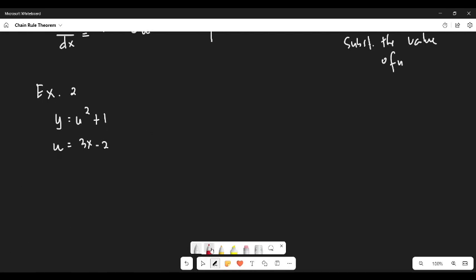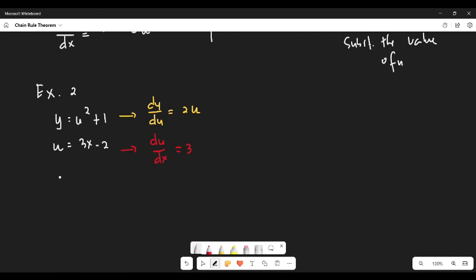The first thing that we do is to get the derivative of y with respect to u, which is equal to 2u, and the derivative of 1 is 0. And then we also get the derivative of u with respect to x, so we have du/dx equal to 3.